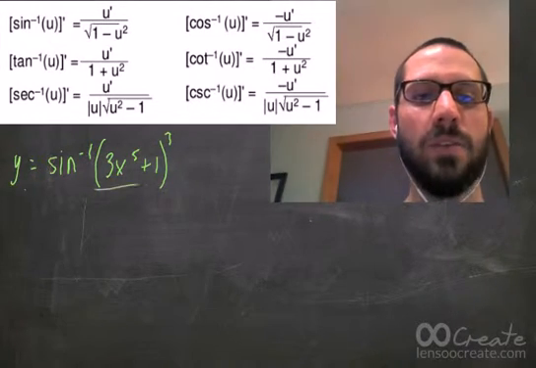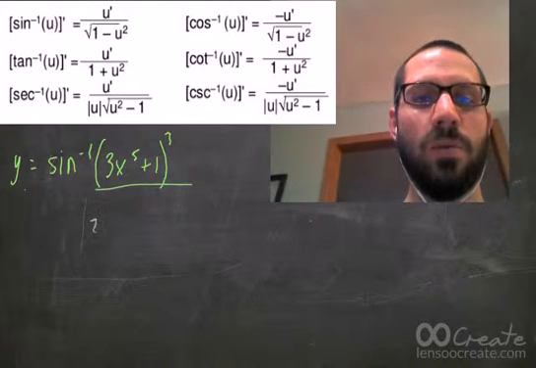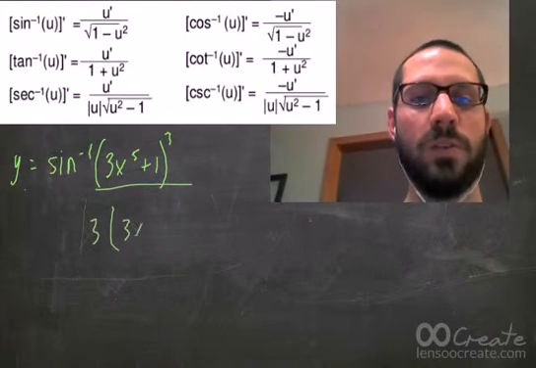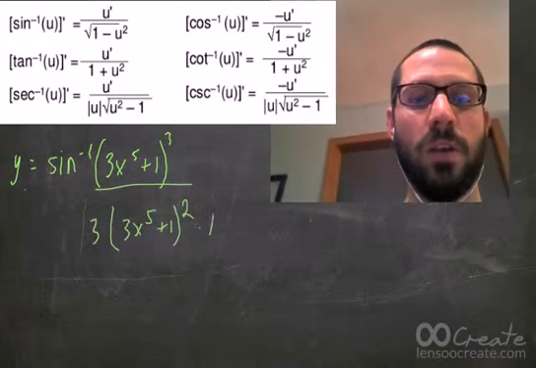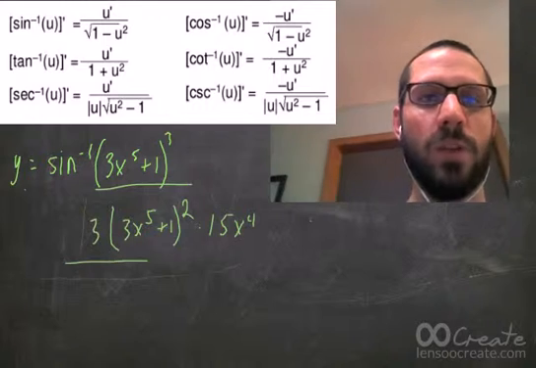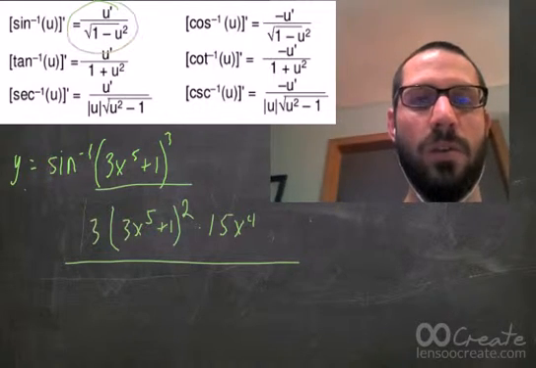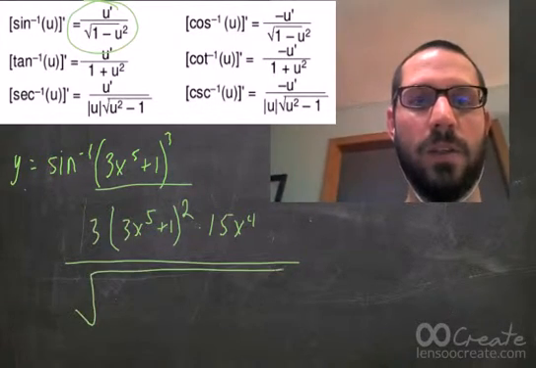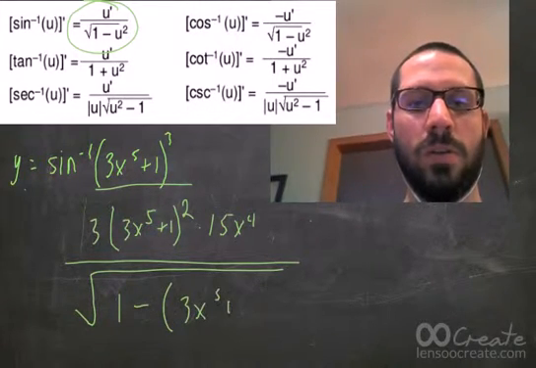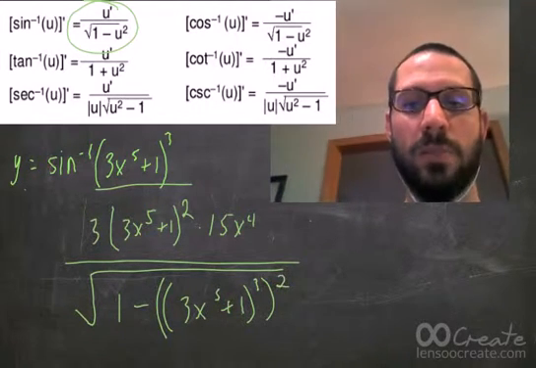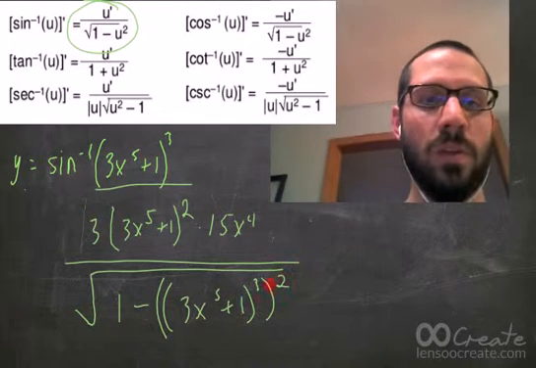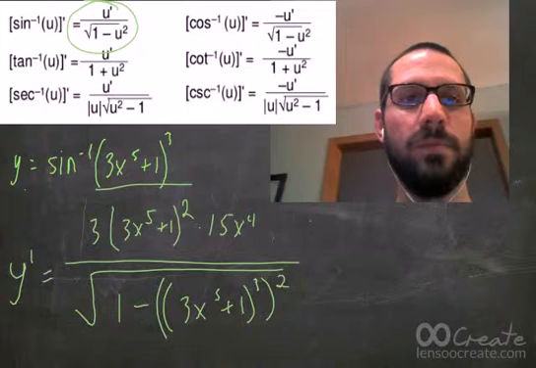U is this, so the derivative of that is 3x to the 5th plus 1 squared times its chain rule of 15x to the 4th over, looking here, square root of 1 minus u squared. So we'd actually have this probably to the 6th power if we wanted. Y prime.